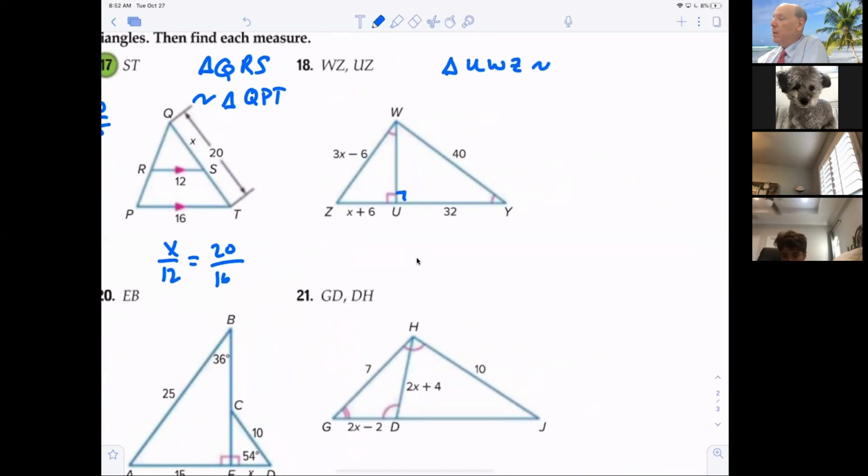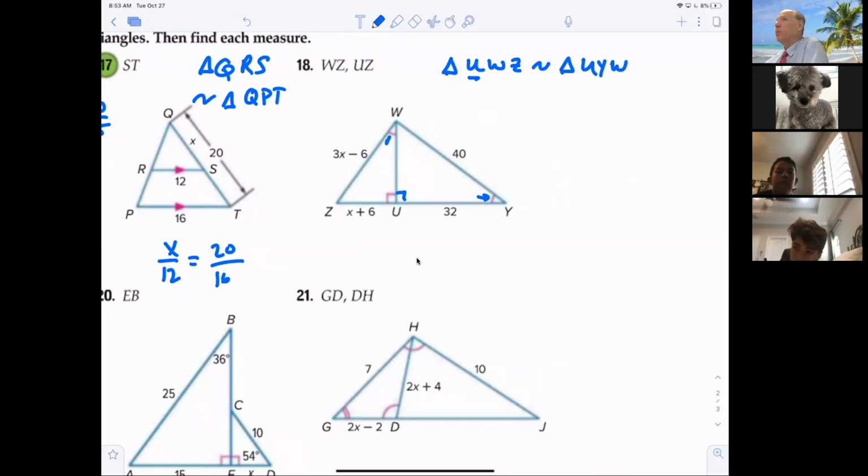UWZ is similar to triangle. Now, U is the right angle, so that's U. W has one tick mark, so Y has one tick mark. Z has no tick mark, so W has no tick mark. That's how you should be thinking about it.